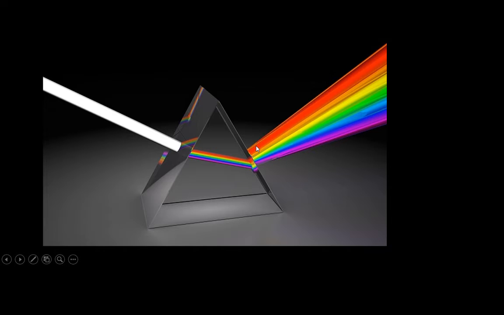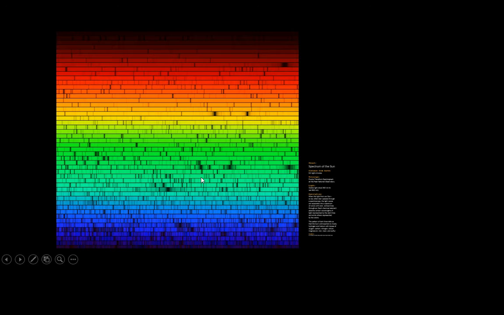When we do that, it separates the light out into a rainbow, but this isn't very spread out. If we put it through a prism that really stretches it out, we would get a rainbow that looks like this. This is in all rainbows. We just can't really see it because all the colors are so close together.